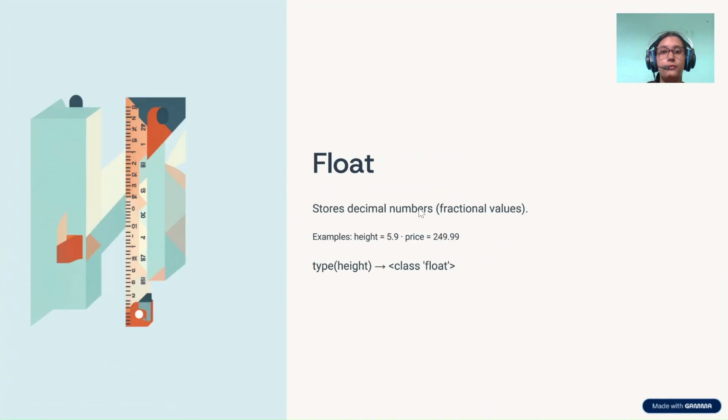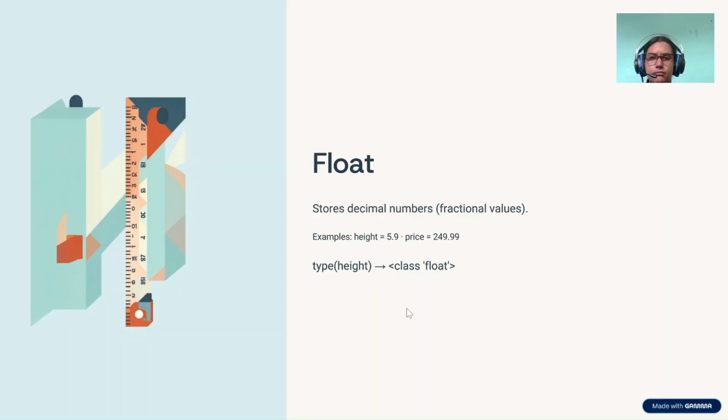Then we move on to float. Floats are for decimal values, right? For example, float would be height is equal to 5.9. 5.9 decimal. This is a float. If it was 59, it would be integer, but 5.9 is a float. Then price is equal to 249.99, right? Float.